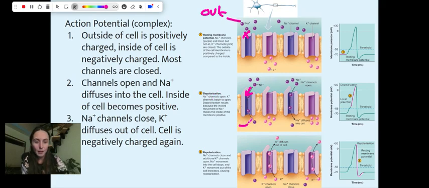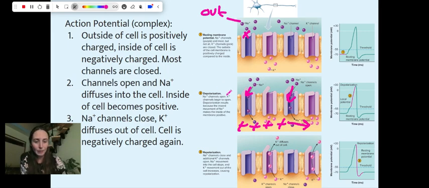Once that happens, we've got more sodium on this side, so the cell becomes positive. As the cell becomes more positive, we're going to see sodium ions diffuse that way. There's also going to be more coming into the cell, and the cell's just going to keep getting positive all the way down. Finally, when those sodium channels close, we are going to see some potassium diffuse out of the cell.